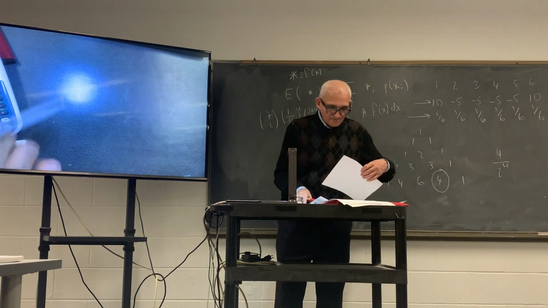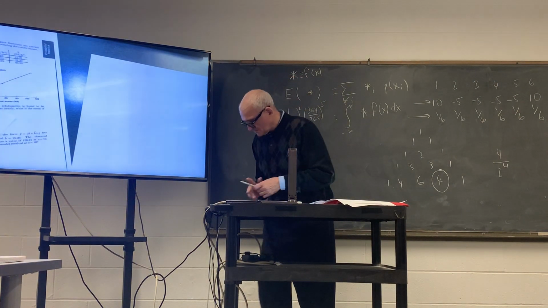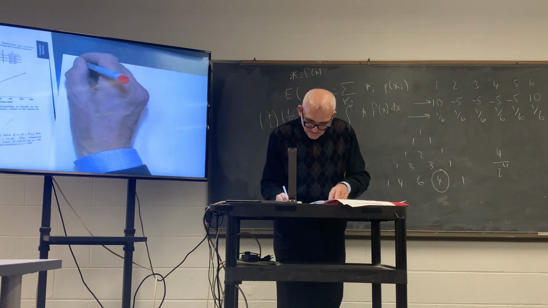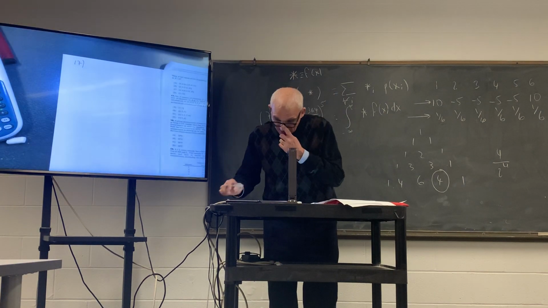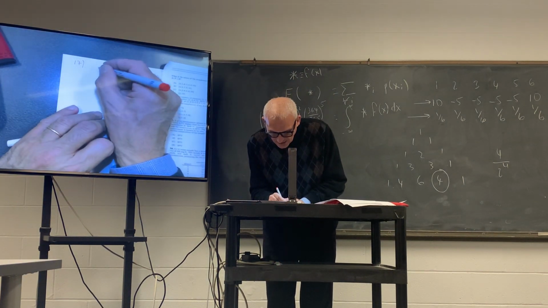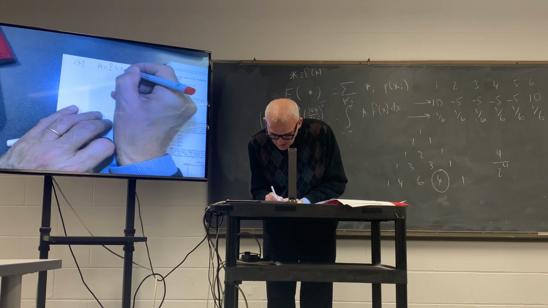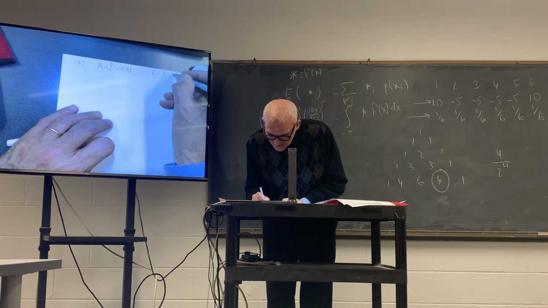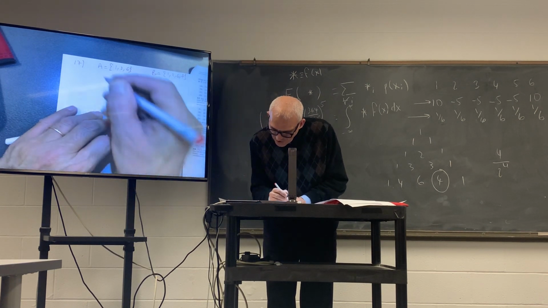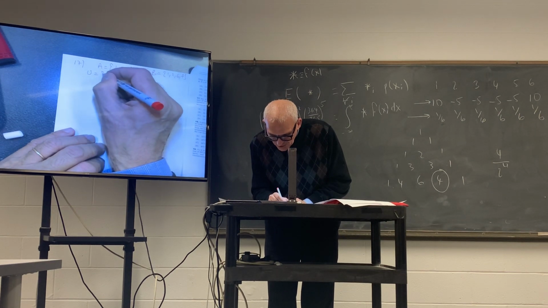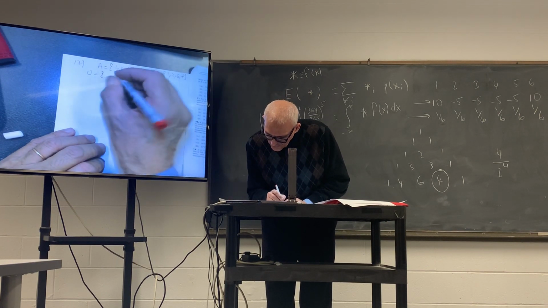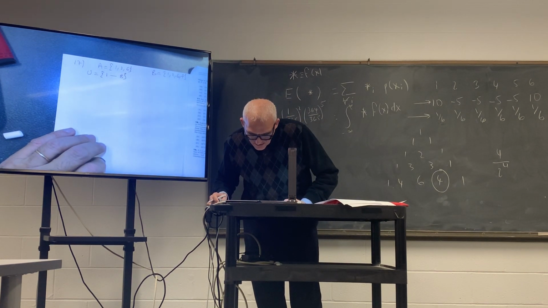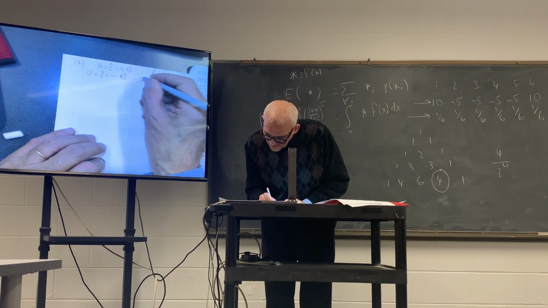Okay, the next one is similar. Number 17. That's page 4. Number 17 says, I have set A is 1, 3, 6. Set B is 1, 2, 6, 7. And the universal set, which we call omega usually, is 1 through 8. What is the intersection of the complement of A with B?